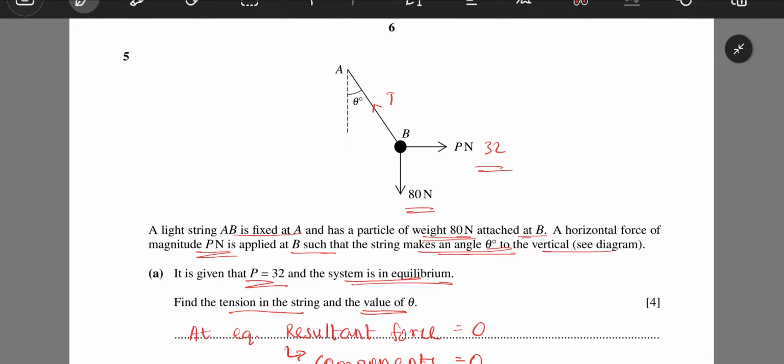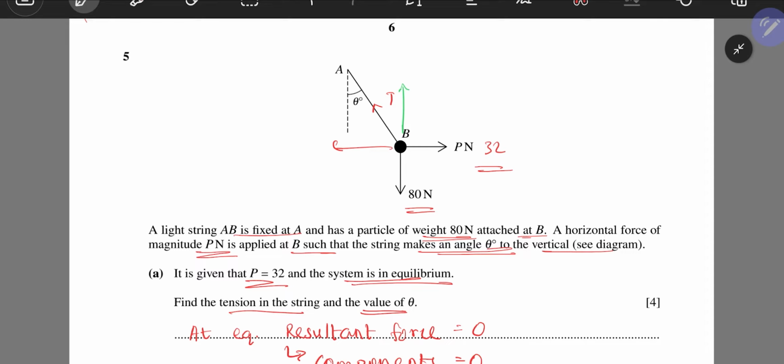And since tension is at an angle, it has two components, obviously. It has a vertical component and a horizontal component. The vertical component, I'll use a different color for that. The vertical component cancels out the weight, and the horizontal component cancels out the force P. So I need to form equations for the vertical and horizontal component.